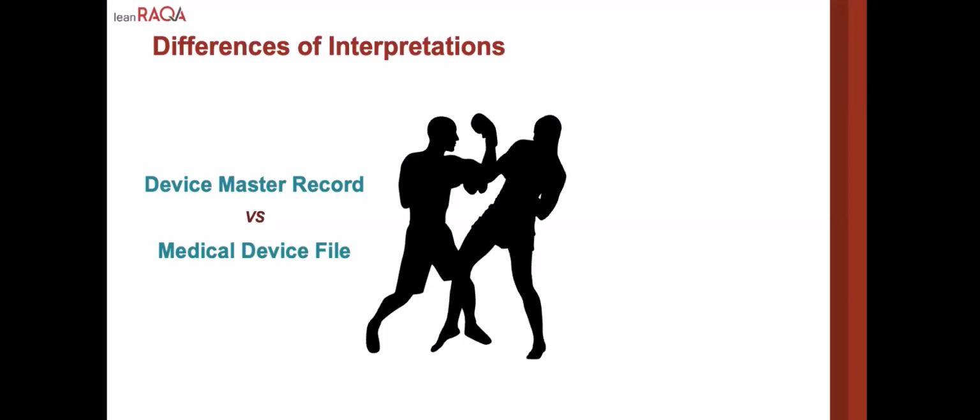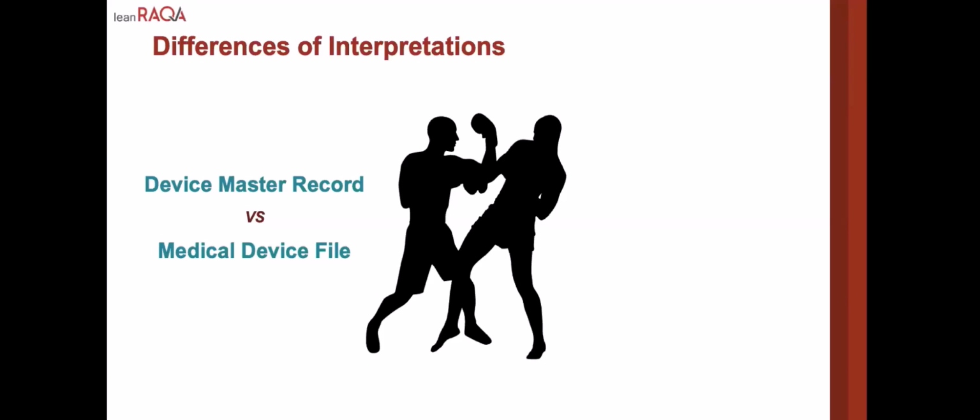The way that she explained FDA's understanding of the medical device file is that it was the device master record. So I told her who we were, what we did, and that we manage a half dozen or more notified body audits a year.